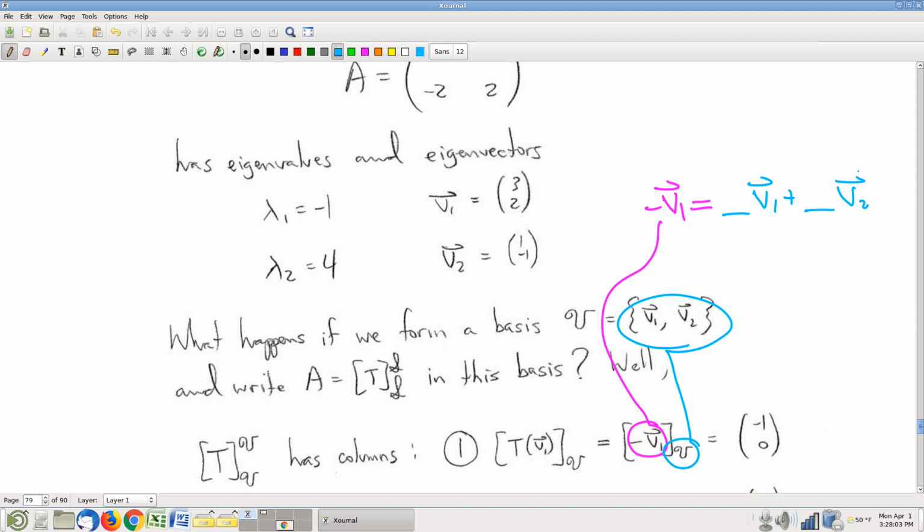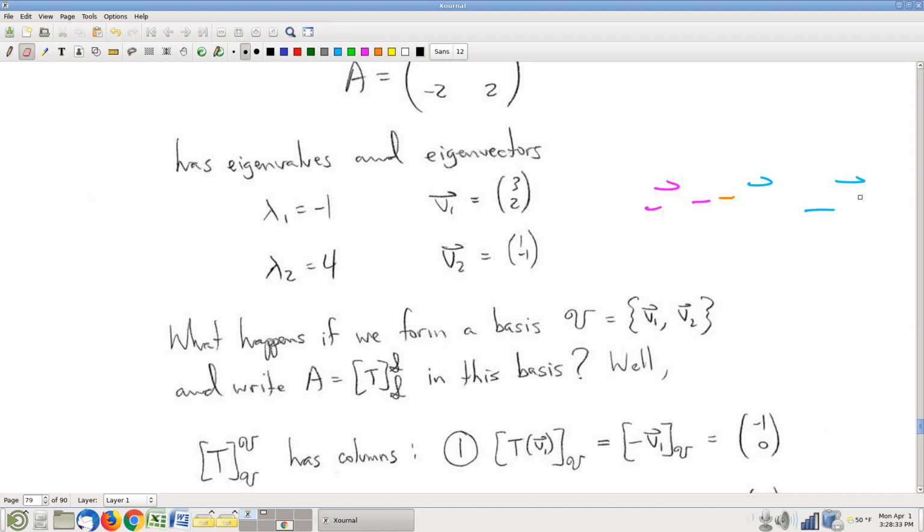And notice that this little puzzle that we have before us is one of the freebies. This is one of the easy ones. We're trying to write a multiple of a certain vector as a linear combination of a list that includes that vector. So you write down the obvious solution. What we have here is -1, I'll do this in coordinates, -1 V1 plus 0 V2. So those coordinates are -1, 0. All right, so there's our first column.